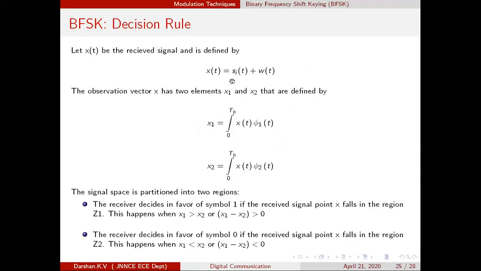Therefore, the received signal itself also should have two elements, or the received signal vector or the observation vector has two elements and is given by the following equations. x1 is equal to integral from 0 to Tb of x of t into phi 1 of t, x2 is equal to integral from 0 to Tb of x of t into phi 2 of t. These are well known equations to you by now, because while analyzing the three modulation techniques, you have come through this particular equation. Now, what are x1 and x2?